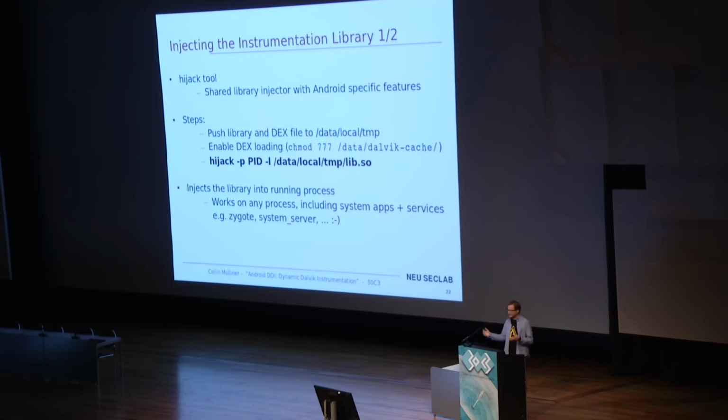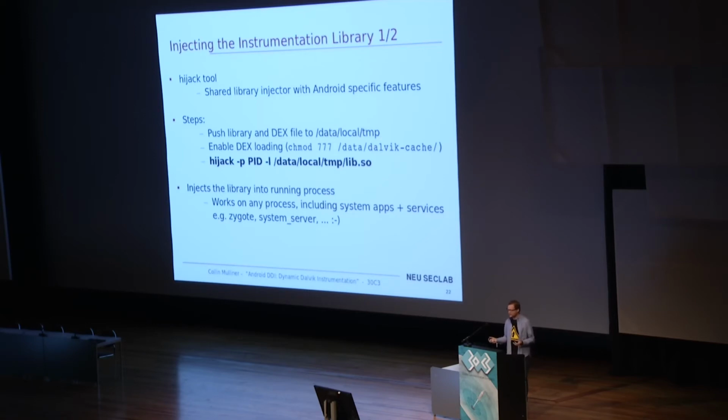Okay, but how do we actually install a hook into the system or into an application? For this, I created this hijack tool, which is basically a port and some enhancements of a very simple Linux shared library injector. The steps you have to do after you create your library: you push the library to data local temp. If you also want to load additional DEX classes, which I'm going to tell you about in a few minutes, you also have to change the Dalvik cache directory to be world writable.